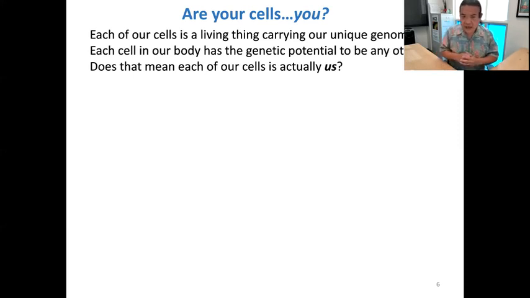And you might say, well, isn't that true? Because a cell from your body with its genome is uniquely you compared to the other 7 billion people on this planet. But how far can you take this concept of the cell being you?